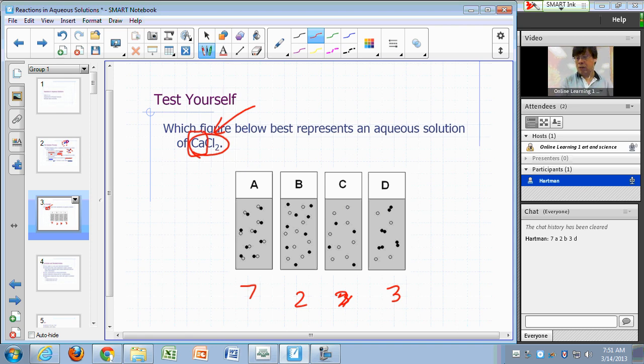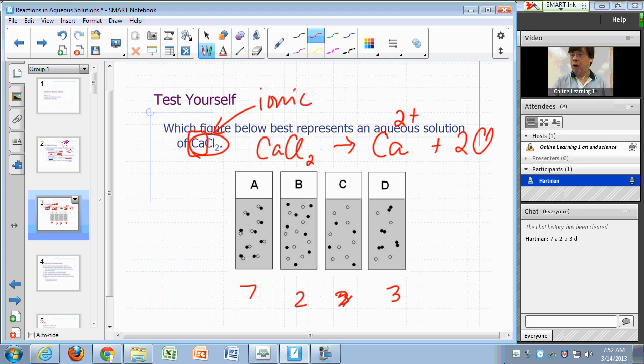So this calcium chloride is an ionic compound. So if it happens to dissolve in water, you would expect it to spread out into ions. Each ion is going to be separate from the other ions. So your calcium ions would be separated from your chloride ions. So one formula unit of calcium chloride will give you one positive ion and two negative ions. So it's going to give you three particles in water, calcium and two chlorides.